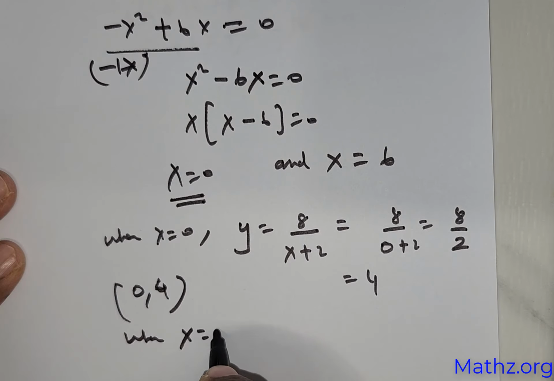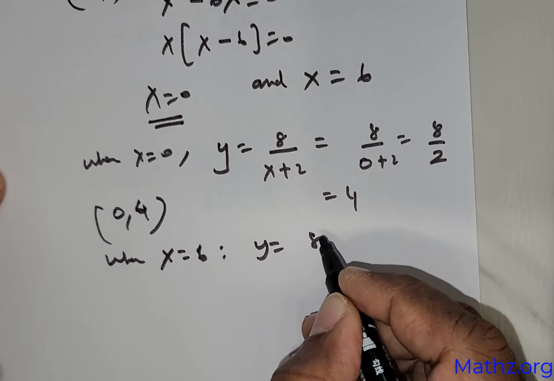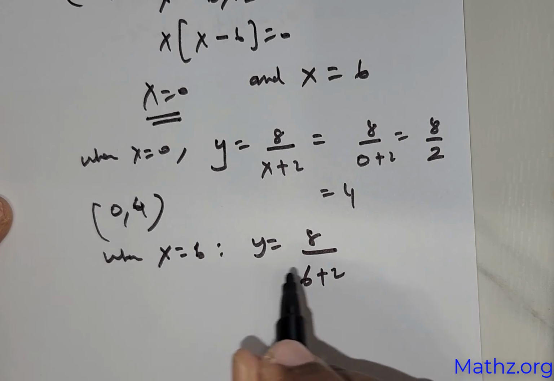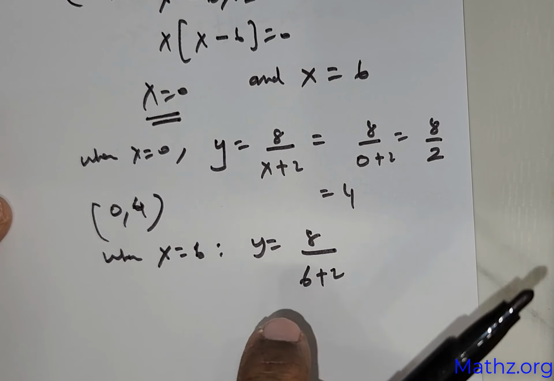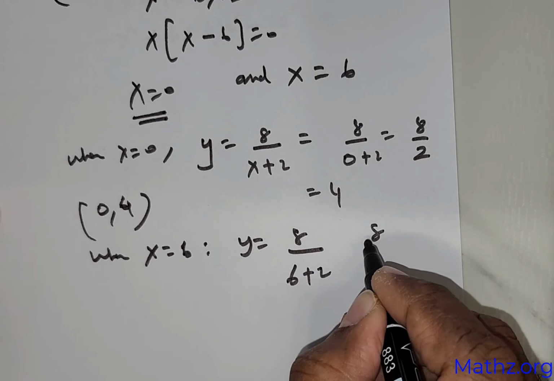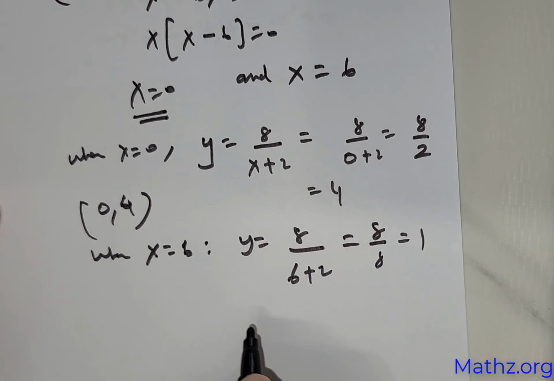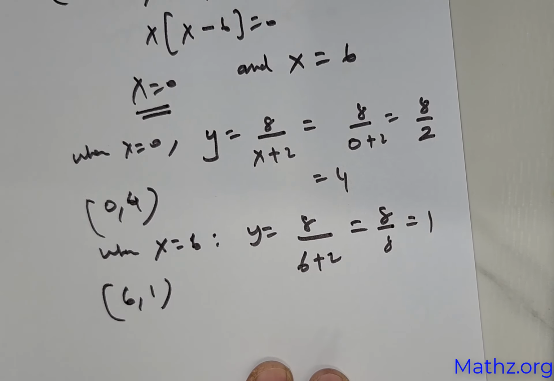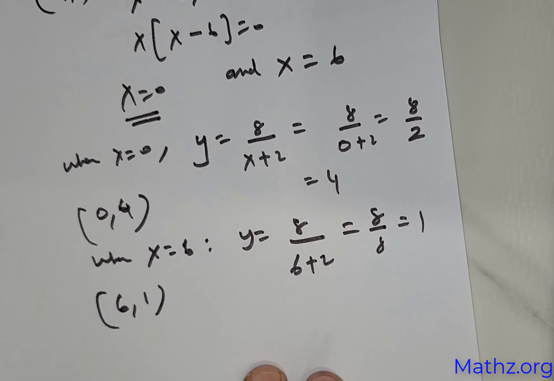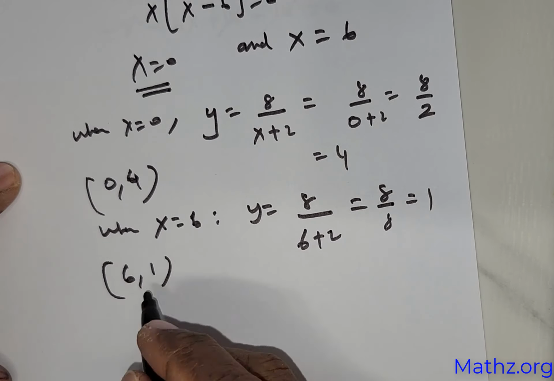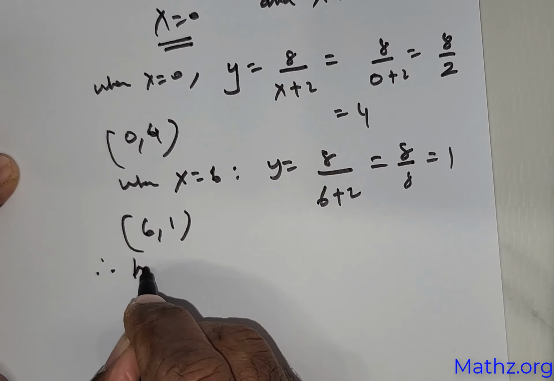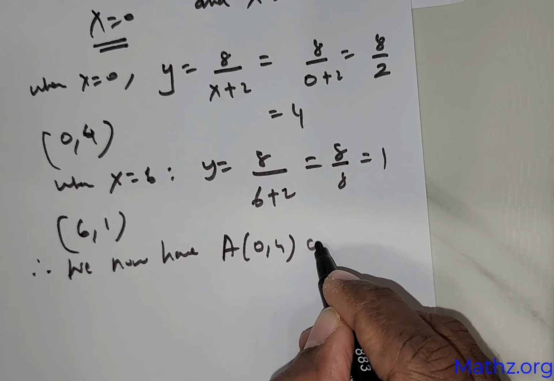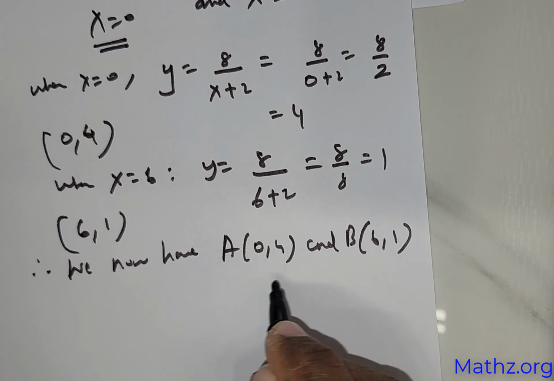And when x is equal to 6, y = 8 over 6 + 2, and that's going to be 8 over 8, which is equal to 1. So this is going to be 6, 1. Therefore we now have A is 0, 4 and B is 6, 1.